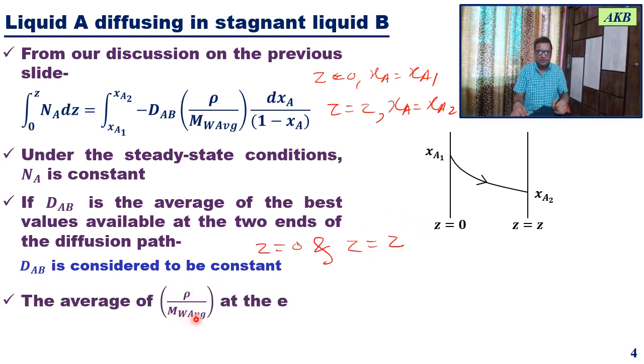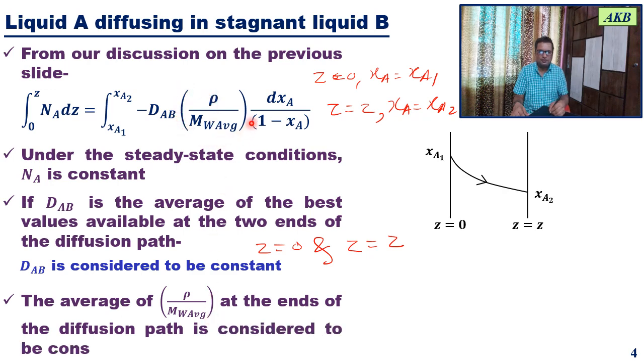Now the average of rho upon MW average, again the average is taken of the values at the ends of the diffusion path. You have one value at this end, you have the other value at this end, you take the average of those two values, and that average will be considered constant.